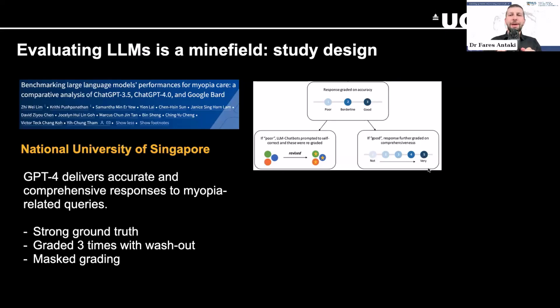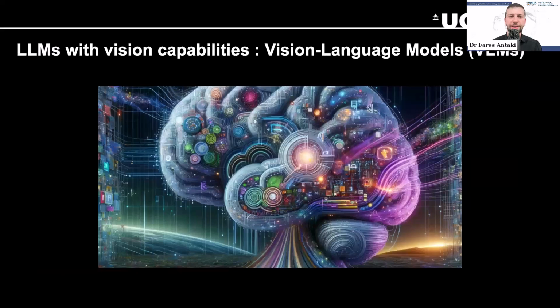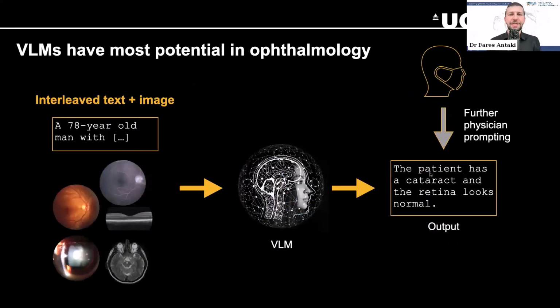Now, going back to the review paper in the BJO, the other thing that paper highlighted is that maybe we should also be looking at multimodality. And LLMs with vision capabilities are also called vision language models. Vision language models, I think, have the most potential in ophthalmology because this is inherently how we practice medicine.